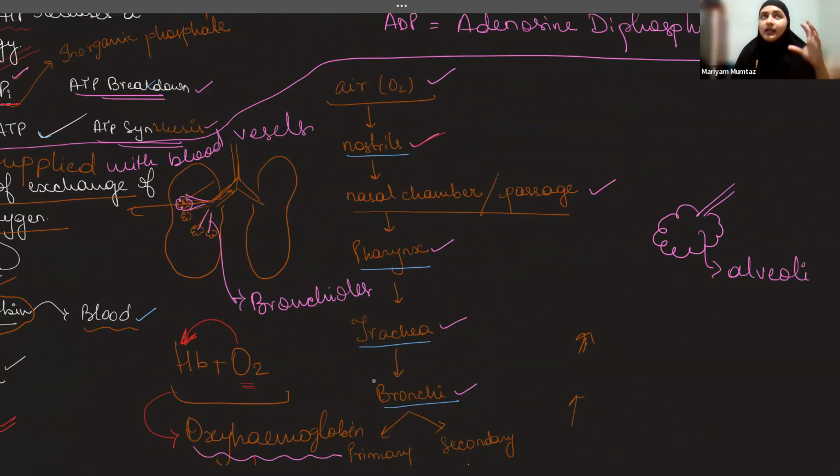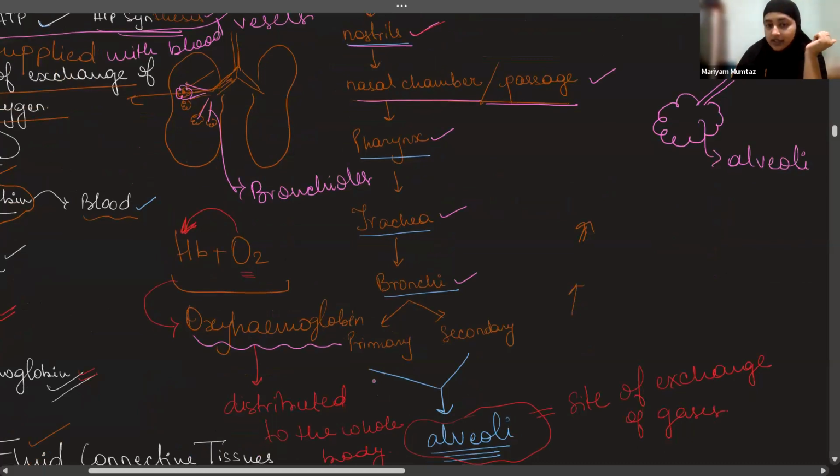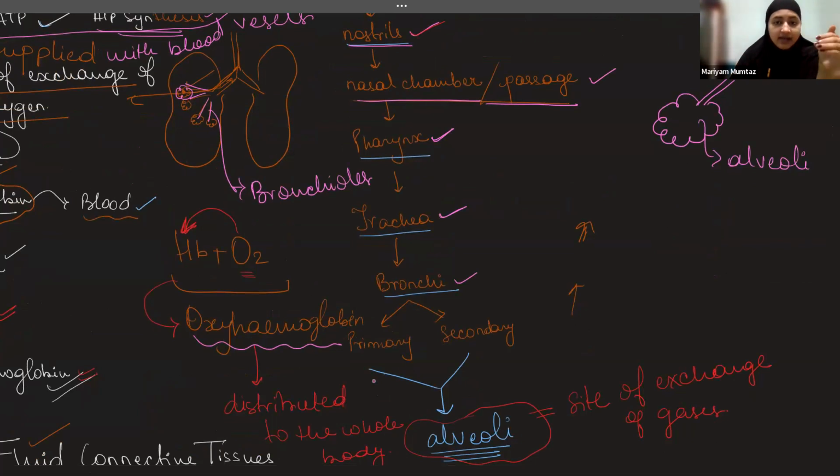Now, from the air, the oxygen is taken in with the help of our nostrils. Then after our nostrils, it goes into the nasal chamber or passage, then into the pharynx, then the larynx, then the trachea, then the bronchi.